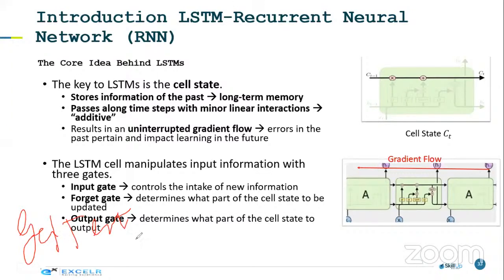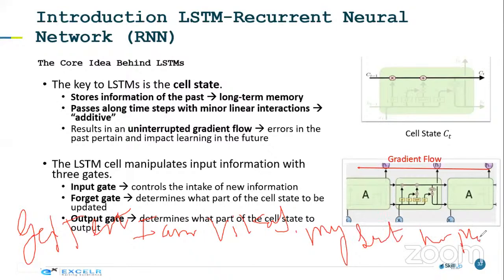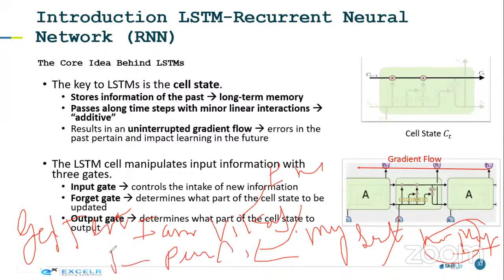But if all of a sudden I say I am Vikas, and then my sister's name is Maya, rather than giving an introduction, I'm trying to change the things. Now Vikas is an entity, a noun. Then I am telling you that I am from Pune, so I am telling you the place. Again, it is an entity, a geographical location. Now I am trying to tell about my sister. The context is changed.